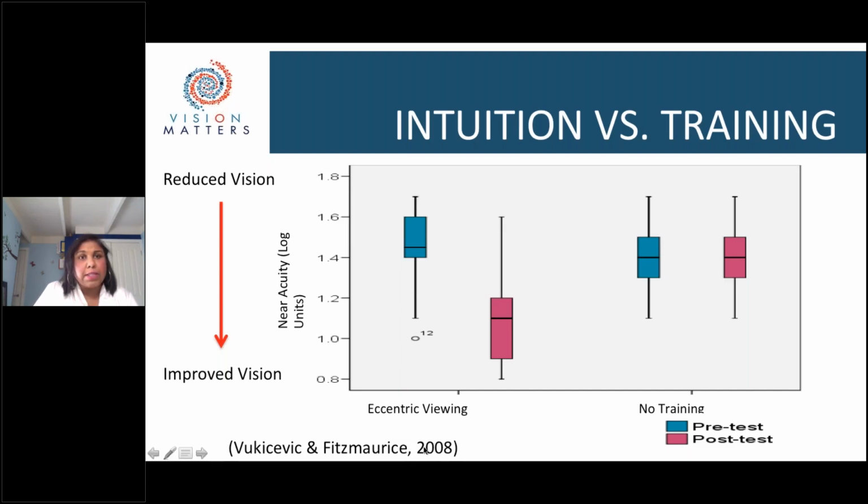The results showed that participants who had eccentric viewing training had an improvement in their near vision results, whereas those who didn't have training had no change in their vision. These results appeared to be consistent with other studies. This particular study by Vukasevic and Fitzmaurice also went on to show that participants with training also improved in everyday activities such as reading, writing, meal preparation.